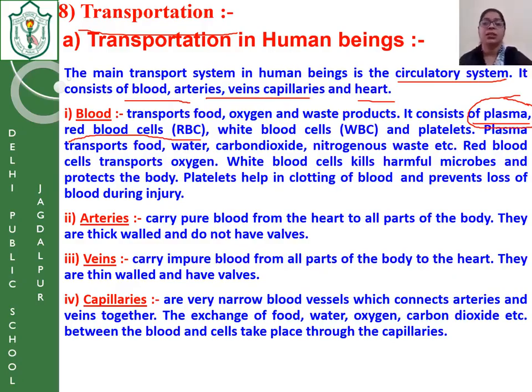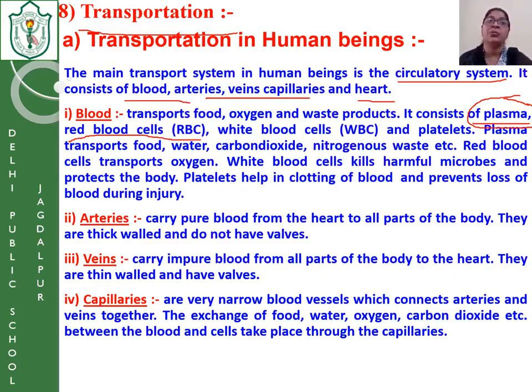So that is why the amount of hemoglobin should be appropriate in us. If we are suffering from a low level of hemoglobin, our red blood cells will have lower capacity to absorb oxygen. So our body cells will not get enough oxygen as they require.